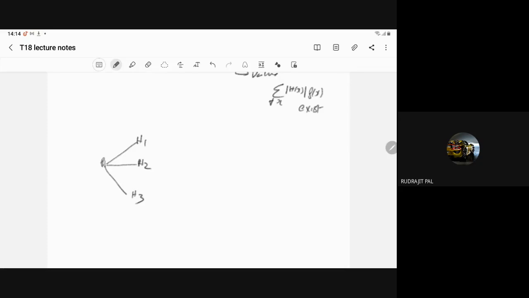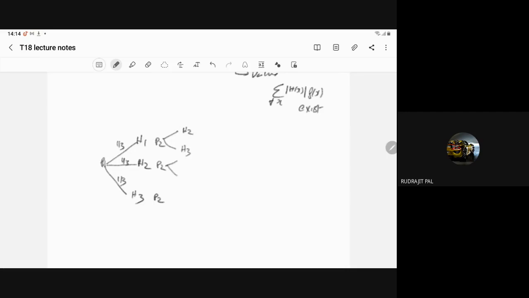Because we have 3 hats, the probability is 1 by 3, 1 by 3, 1 by 3. Then we have the chance for the second person. Because selection is without replacement, he has a choice of 2. If person 1 has selected hat 1, person 2 has the choice of selecting hat 2 or hat 3.